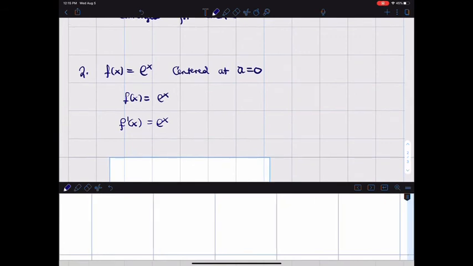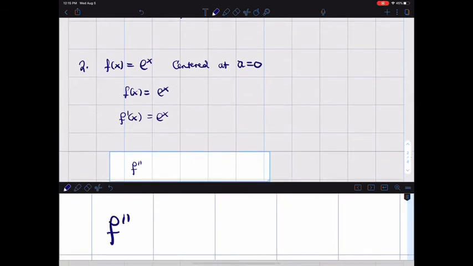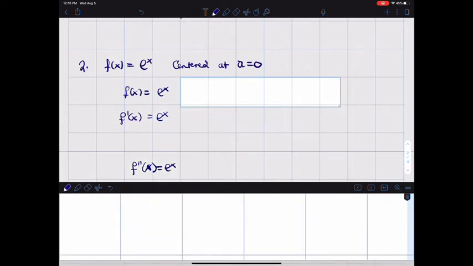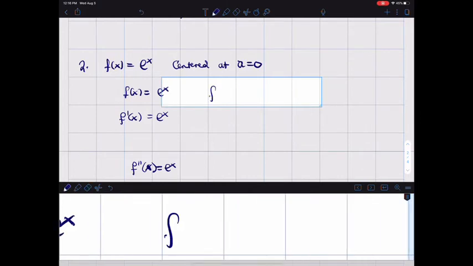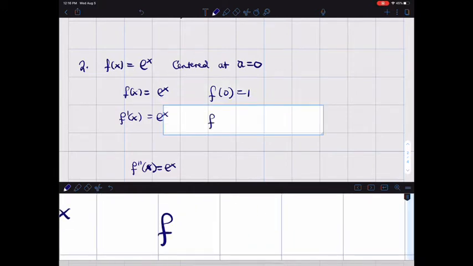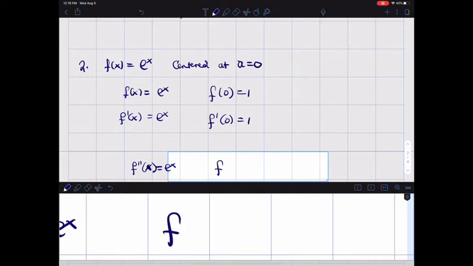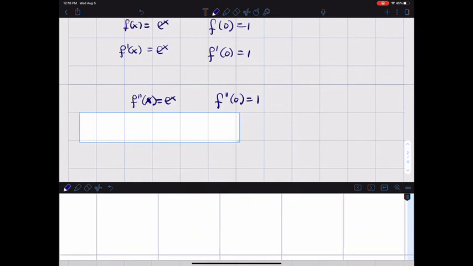So this one is nice, actually. f double prime of x is e to the x, etc. So f of 0 is 1. f prime of 0 is 1. f double prime of 0 is 1. So everything is 1.